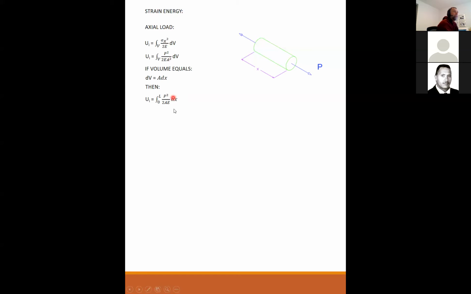I get P squared over 2AE dx, and you can integrate from 0 to L. If A is constant, then the integral goes away, and we get P squared L over 2AE as the internal energy. Yeah, that's it for that. Any questions on the internal energy for a bar in tension or compression for that matter?